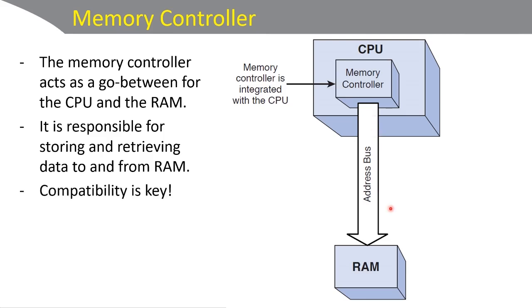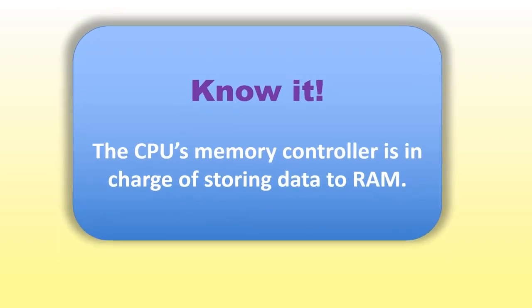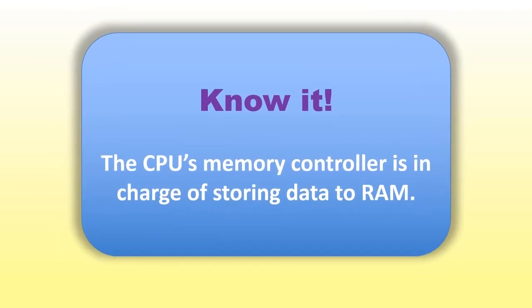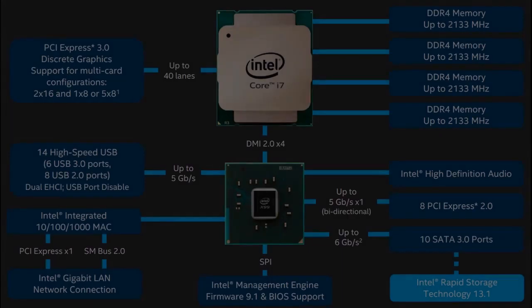Your CPU's memory controller, and therefore the CPU itself, and your motherboard especially, must all be compatible with the RAM you want to use. So know it, the CPU's memory controller is in charge of storing data to RAM.